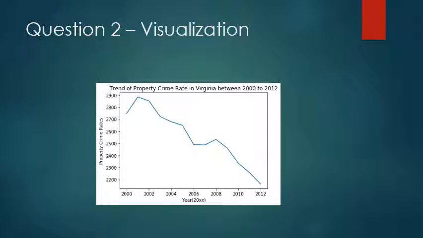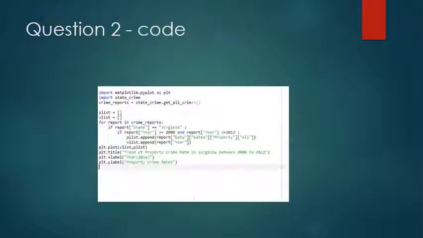As you see in this line plot, it goes up until around 2001 and starts to drop since then, which shows a downfall trend. And in order to show the trend, I use the line plot. And here is the code for the visualization for question number two.